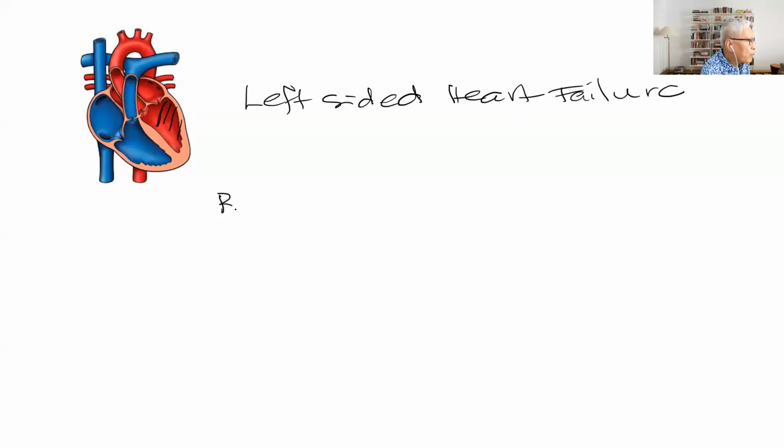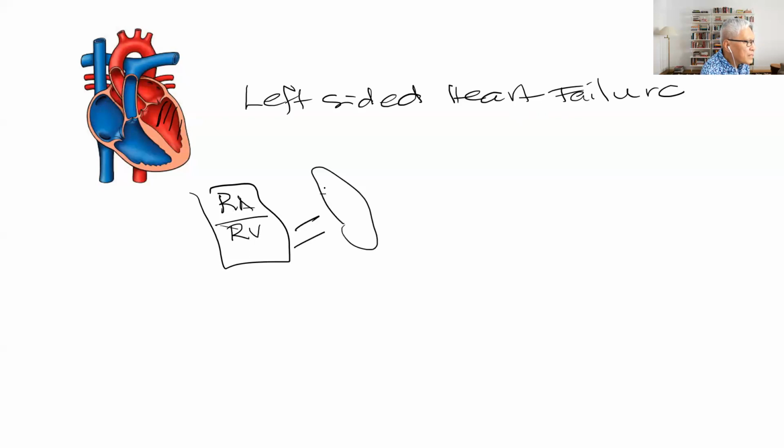So if you have the right atrium and the right ventricle over here, the next is going to be the lungs, isn't it? And then it goes into the left atrium and then the left ventricle. So this is not functioning well. There's left-sided heart failure.